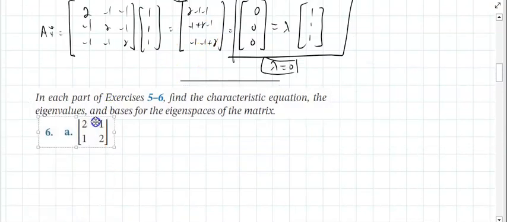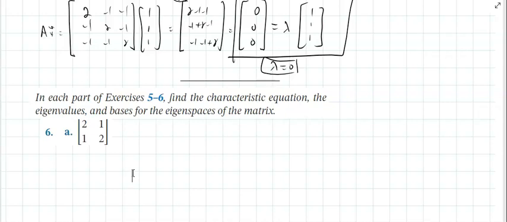And here we are. Now, find the characteristic equation, the eigenvalue, and the basis for the eigenspace of the matrix. It sounds a lot more complex than it really is, something that we did over and over and over. Let's get that out of the way.